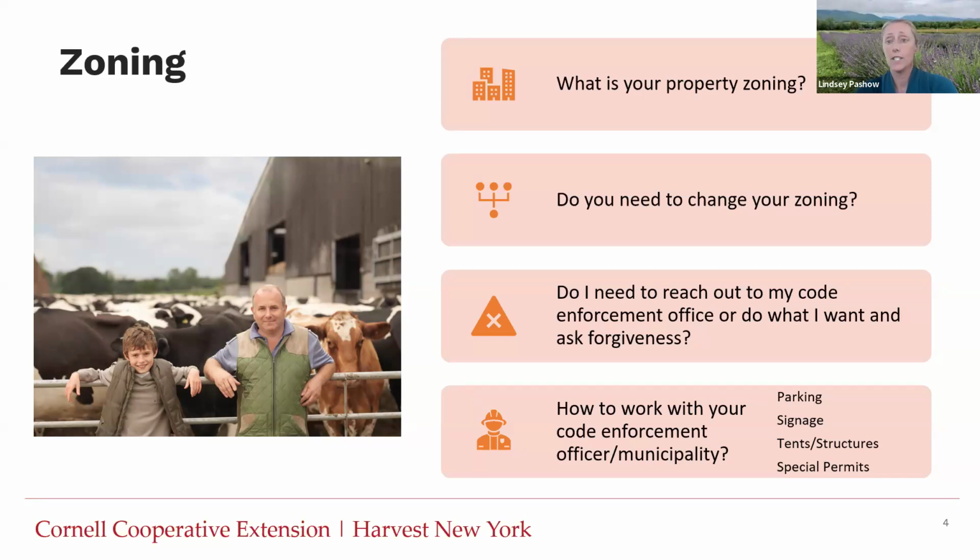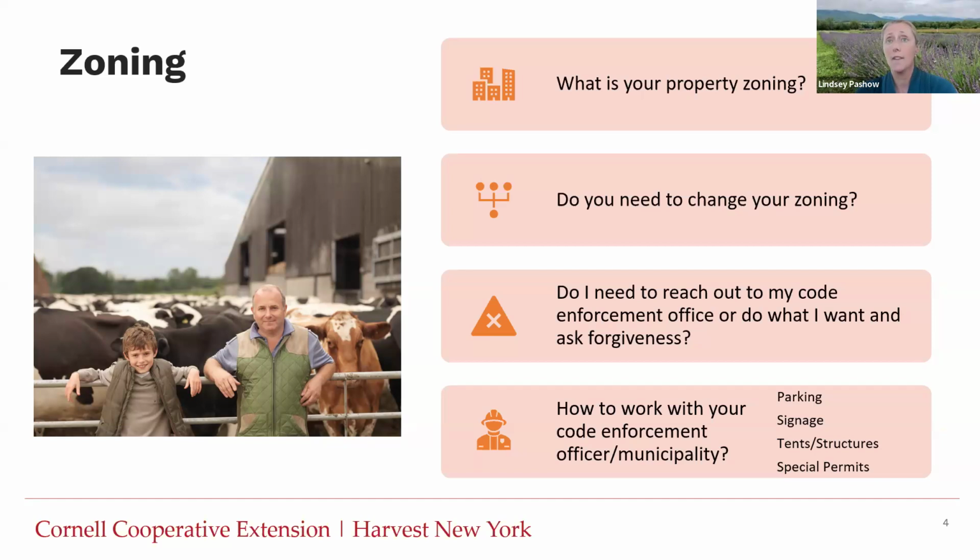If you're going to have different tents and structures, say a pop-up event where you're looking to put up a 20 by 40, do you need a permit to put that up on the property? Maybe you might need one because it might have sidewalls on the tent, or the code enforcement officer might say, go have a great event, no worries. Then there are special permits.